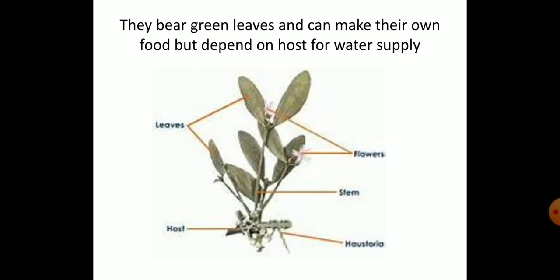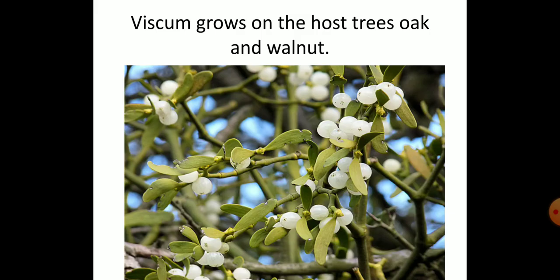They bear green leaves and can make their own food, but depend on the host plant for their water and mineral supply. A common example of this partial stem parasite is Viscum, also called mistletoe, which grows on host trees like oak and walnut.